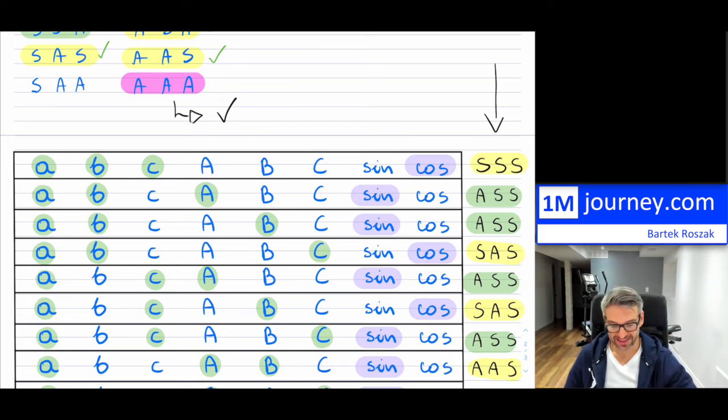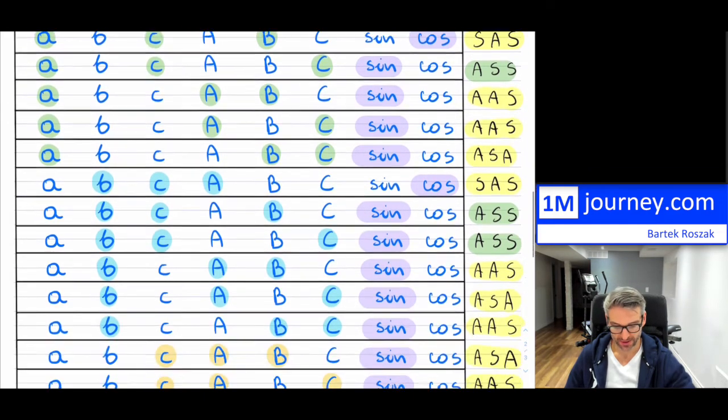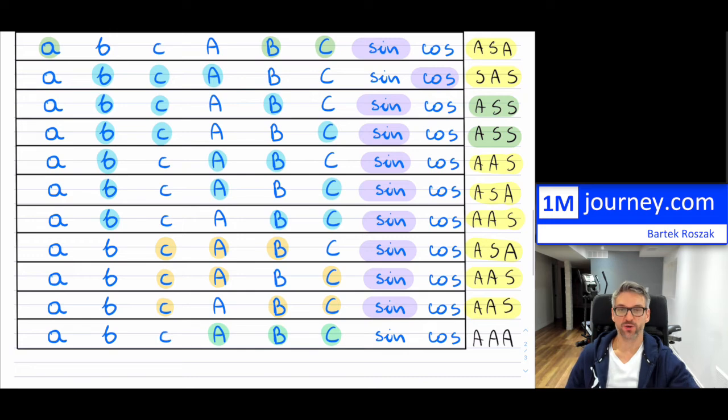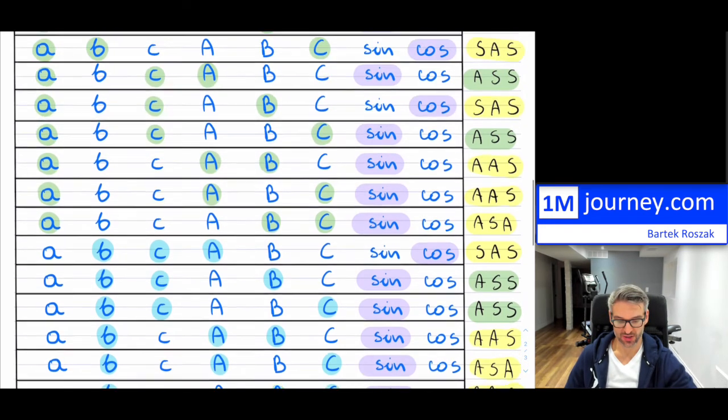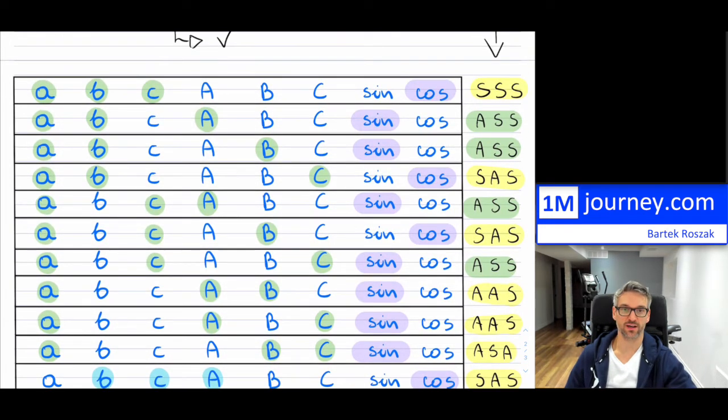And so for this entire table, if you look through it, notice that for most of them you can use the sine law, or you can try to use the sine law.